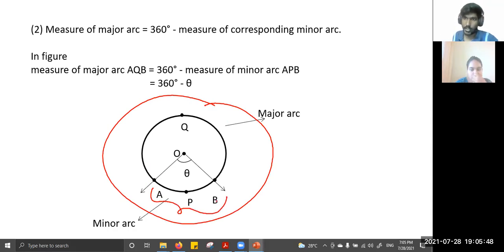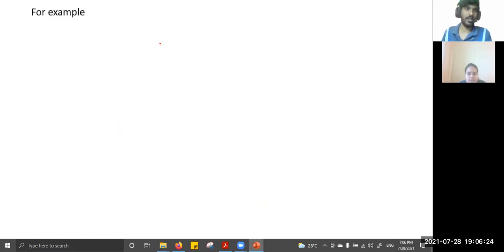Then if you want to find the measure of the major arc, you just subtract it from 360 degrees. So this is a simple way of calculating the measures of the arc, minor and major. For the minor arc, the measure of the central angle and the measure of the minor arc will be the same. To find the measure of the major arc, you subtract the minor arc from 360. So you'll get the answer. Two concepts clear? Okay, so we can move on to the next one.